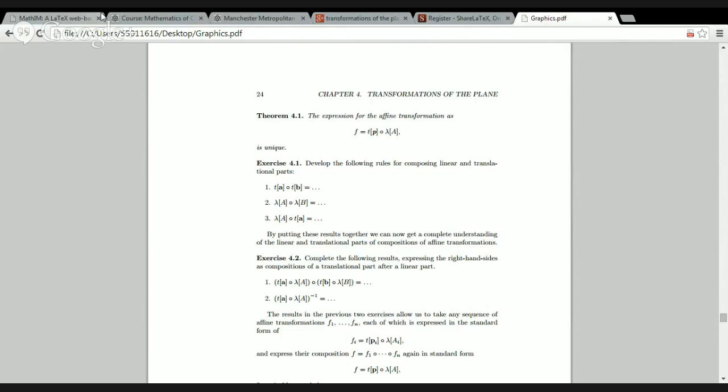Now, geometrically, we could say, what is this f? Well, f is a translation part and a linear transformation part. The linear transformation part we've seen is rotation by pi over 2, but then it's followed by a translation part. So geometrically, what is f?